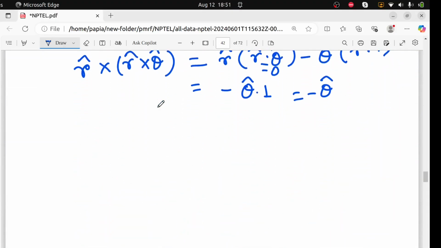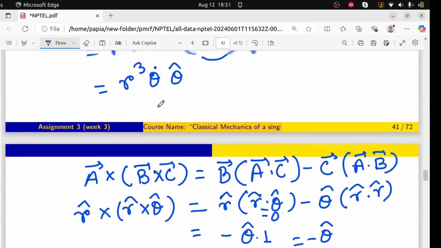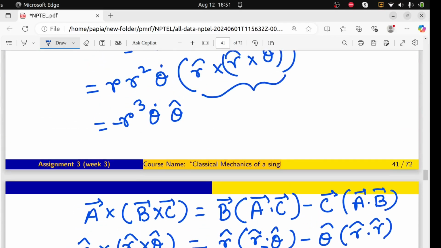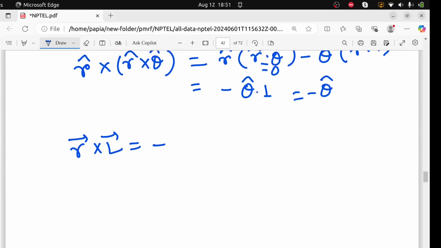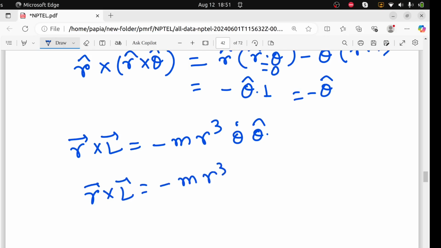So the answer r vector cross L vector is minus, oh there was a minus, it should be a minus, m r cube theta dot theta cap. So my final answer is minus m r cube theta dot theta cap.